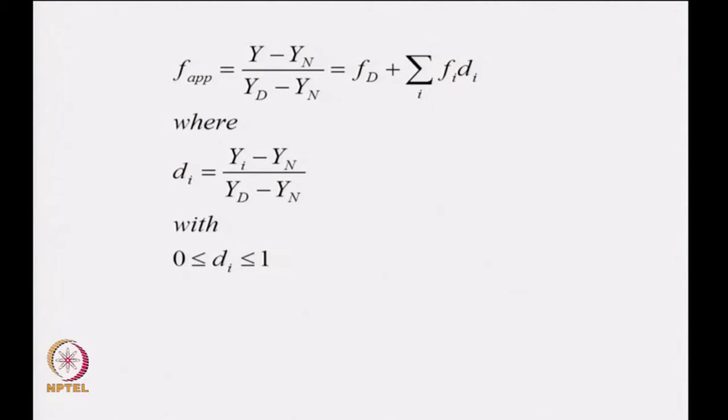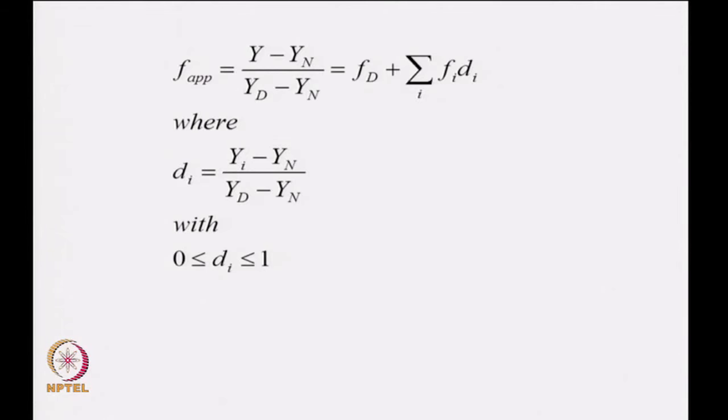The expression still remains the same, but what has changed is that it is f_D plus sigma f_I d_I, where d_I is given by y_I minus y_N over y_D minus y_N. The significance of y_I is the corresponding signal of the ith intermediate, and y_I minus y_N signifies how much you have moved out from the native state, and y_D minus y_N is always the absolute value.